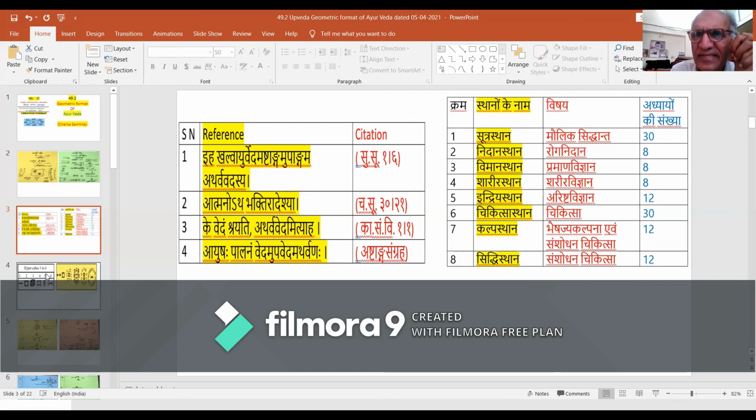Now, these 8 sthanam text is a scripture of 120 chapters. We know the value 120 is parallel with the requirement of 120 creative components for the entire transcendental boundary of 12 components, as each transcendental component is having a requirement of 10 creative components.